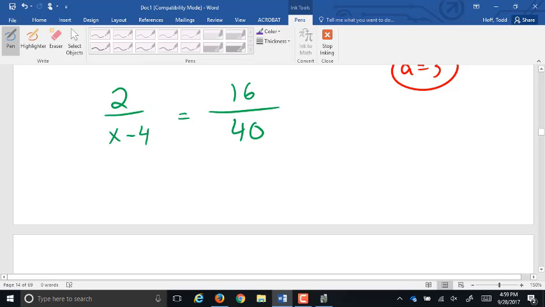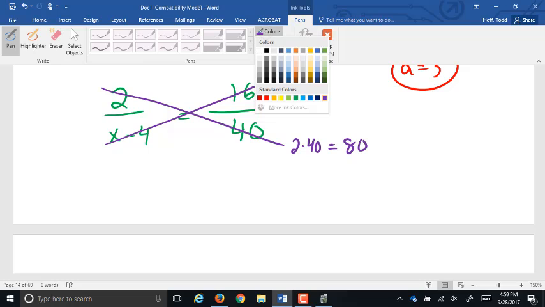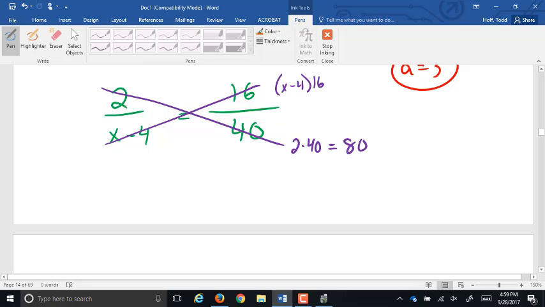I usually start out with the diagonal of both numbers just because it's easier for me. We have the 2 times 40, which is what? 80. Good. The other direction, we have the x minus 4 times 16. Well, to write out the equation here, I'm going to change the order. 16 times the x minus 4 equals 80.